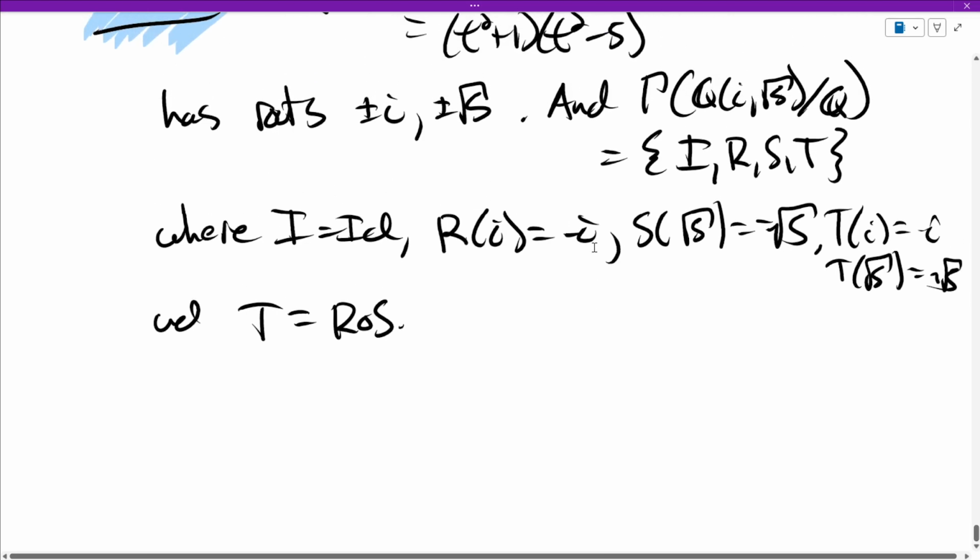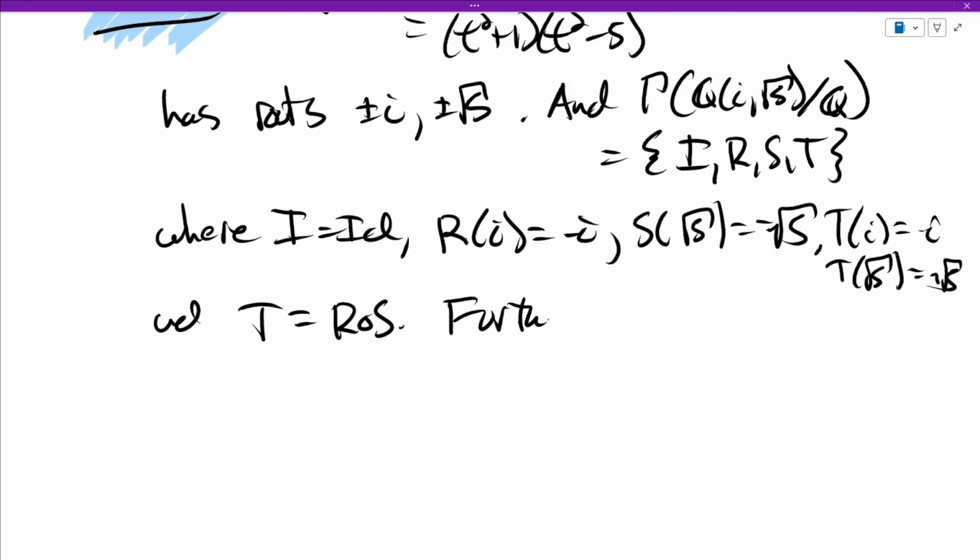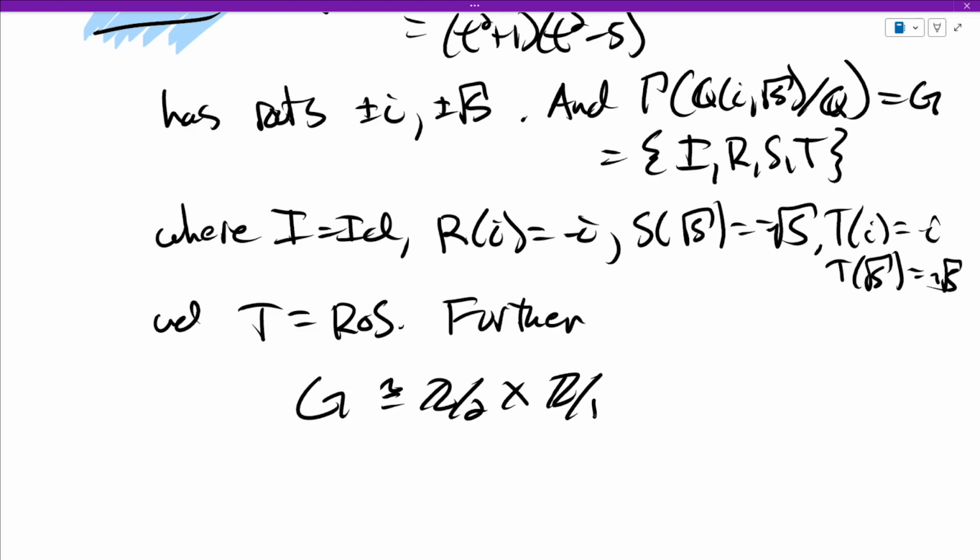And this group, let's call it G, so I don't have to keep writing that out. G is actually abstractly isomorphic to Z2 cross Z2 because we have two elements that are order 2. If we do R twice, we get the identity. You negate twice, you get back to the original thing. If we do S twice, we get the identity.